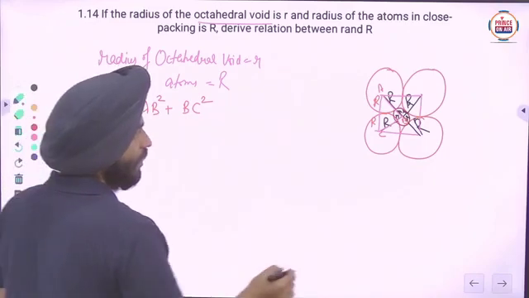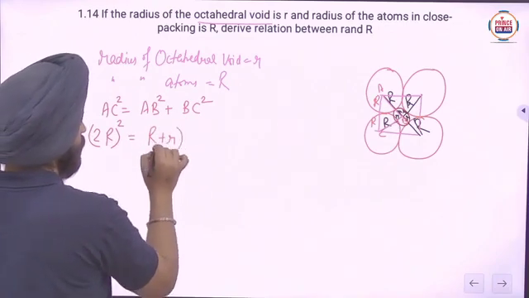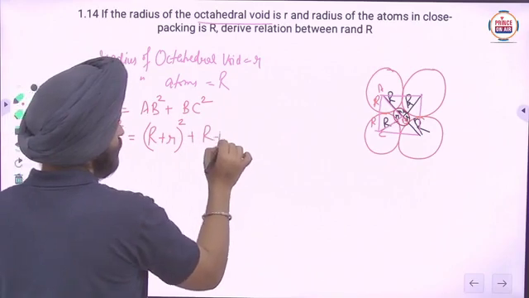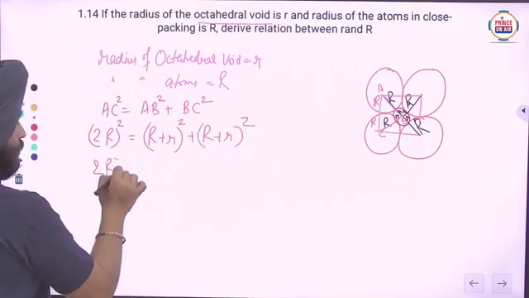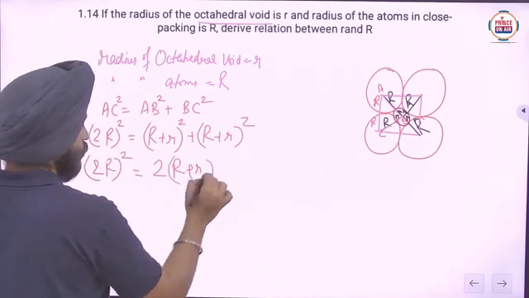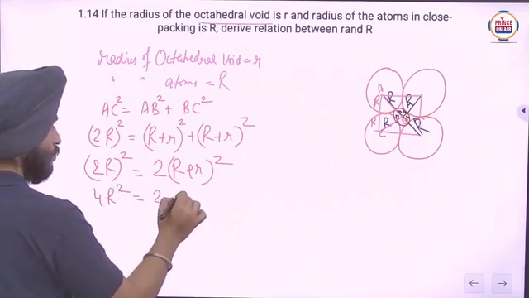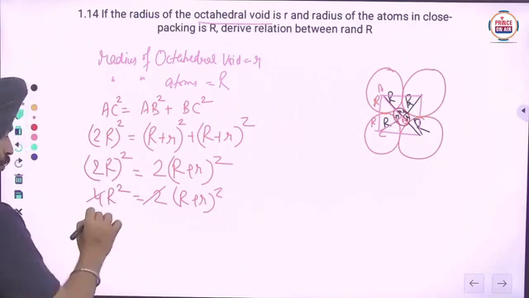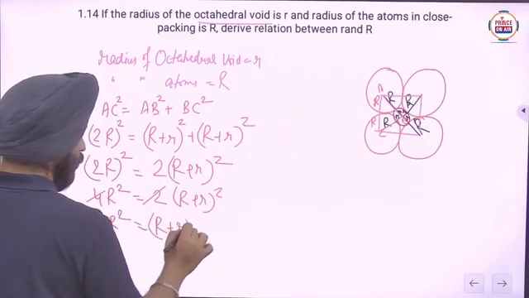AB is capital R plus small r square plus capital R plus small r square. Here 2R square is equals to 2 times R plus r whole square. Cutting that value, you will get 2R square is equals to R plus r whole square.